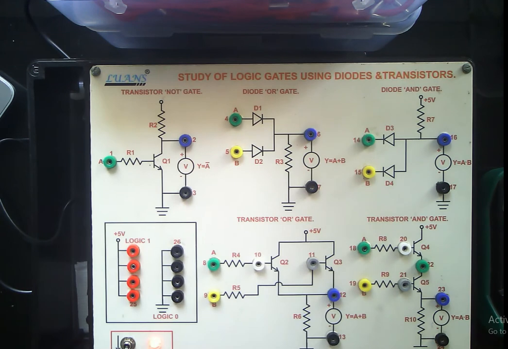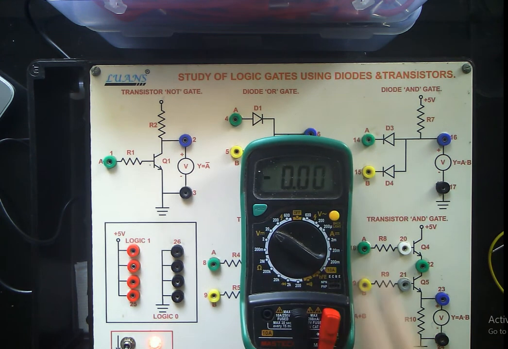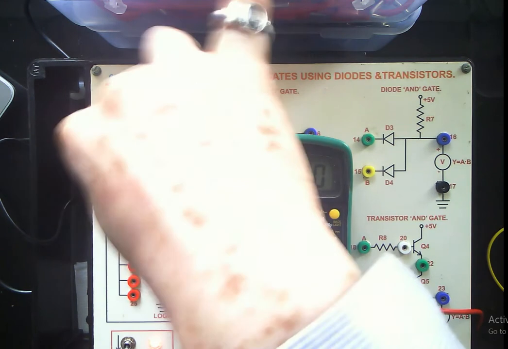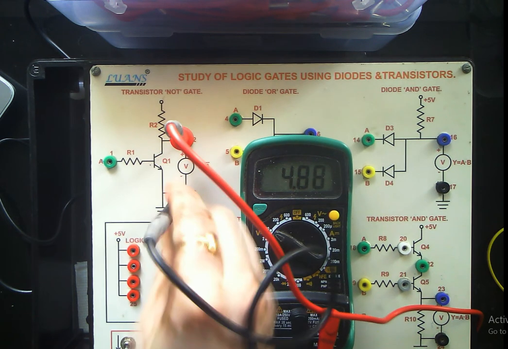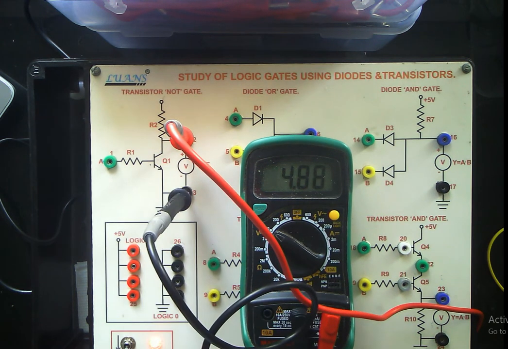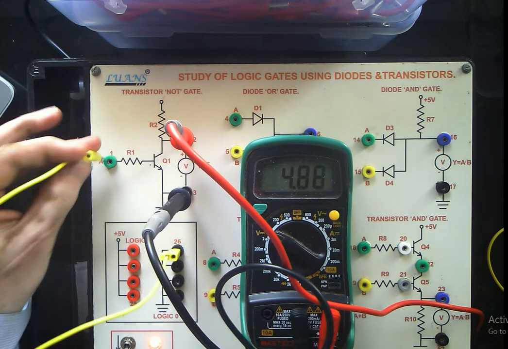Let us now operate the circuit and see the observation. I will put the positive terminal of the multimeter here and the ground terminal here. Initially I will connect this base to ground.